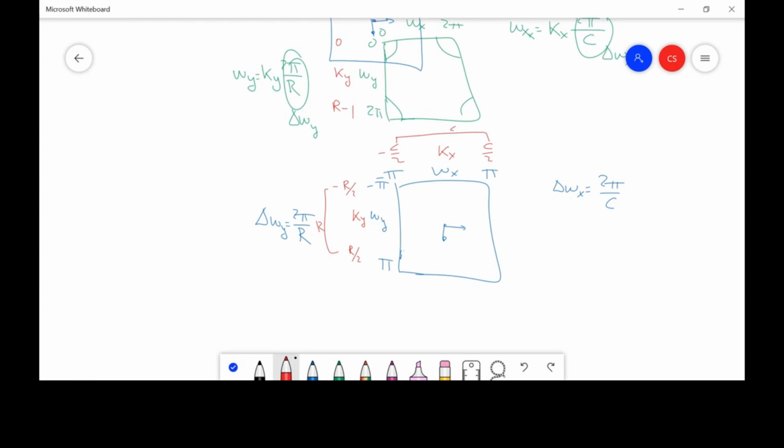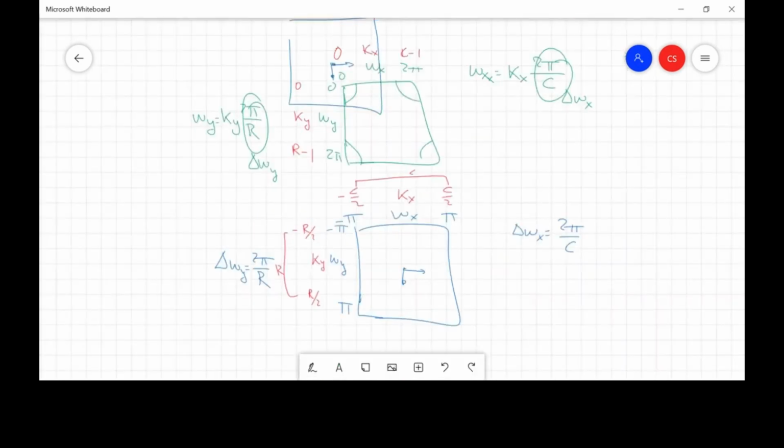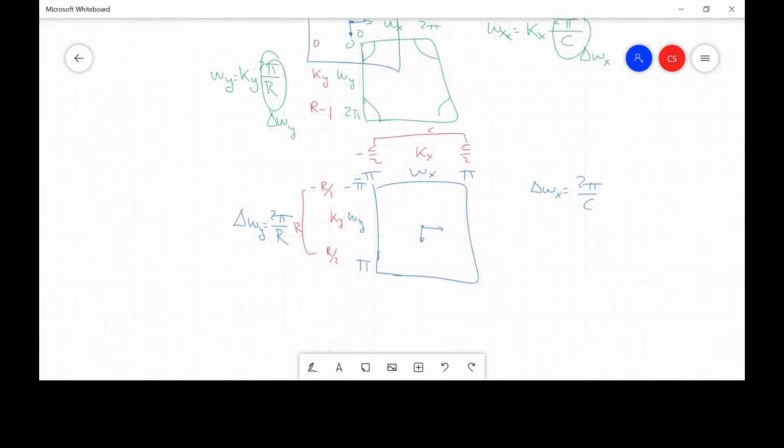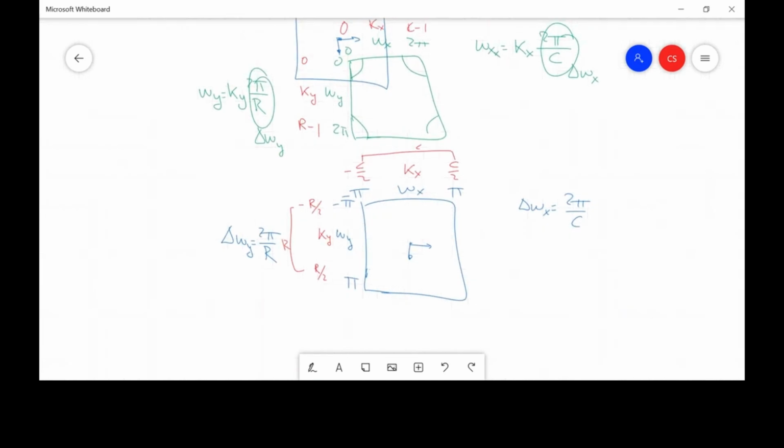So it is simply the way you index your frequencies. Your step will always be the same. So if your frequencies are always positive, your index will always be positive. If your frequencies can be positive and negative, now your indexes also have to be positive and negative. So where you place your origin in the frequency domain is very important.